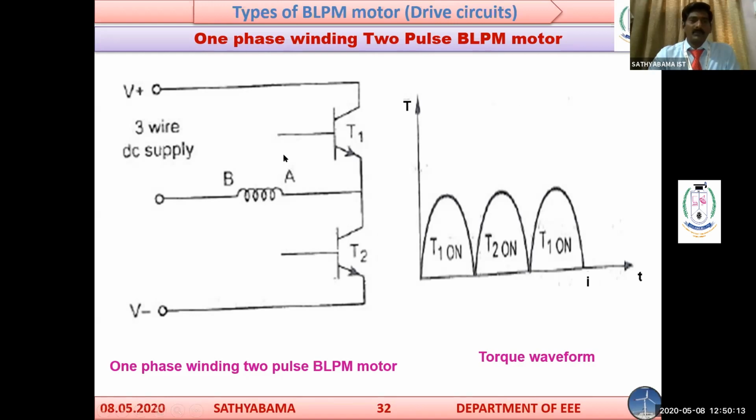So from 0 to 180 degrees, the EMF induced is given by E equal to minus d psi by d theta. By integrating the flux density B of theta around the air gap, we get the maximum flux linkage in the coil. That is psi 1 max equal to N1 phi 1 max. This phi 1, the flux, can be calculated easily from the basic formula, flux density equal to flux by area.